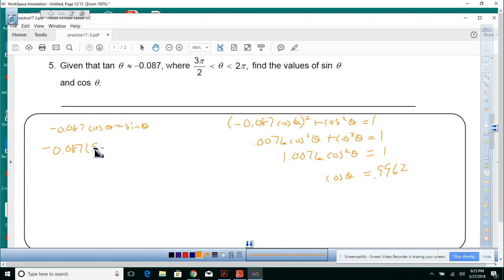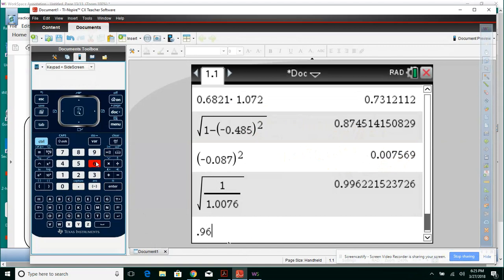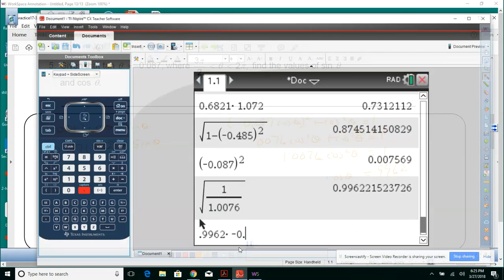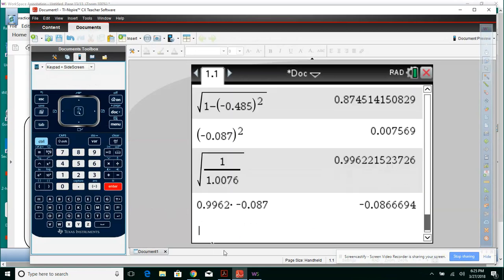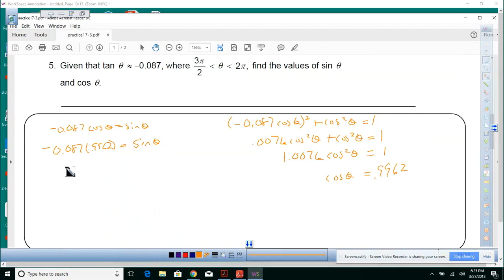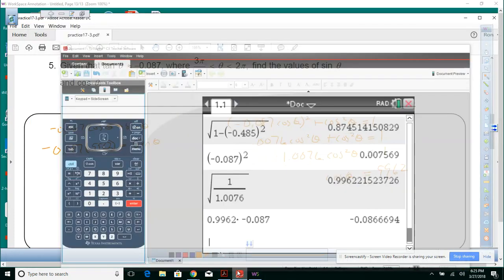All right, and now I got negative 0.087 times 0.9962 equals sine theta. 0.9962 times negative 0.087 gives me negative 0.0867.